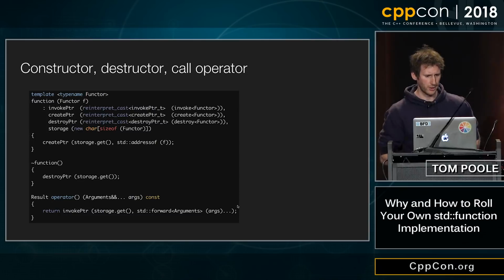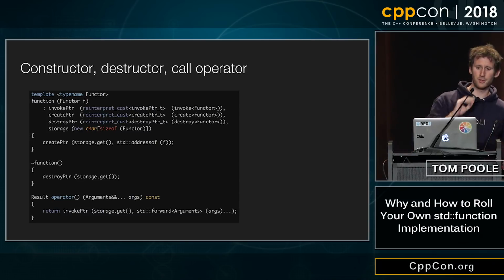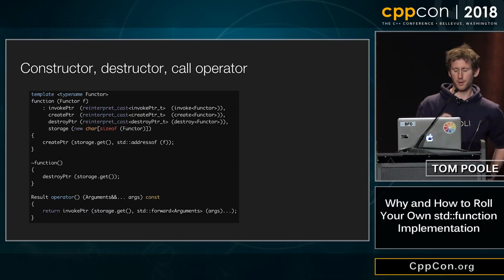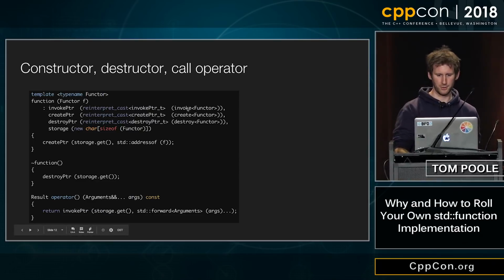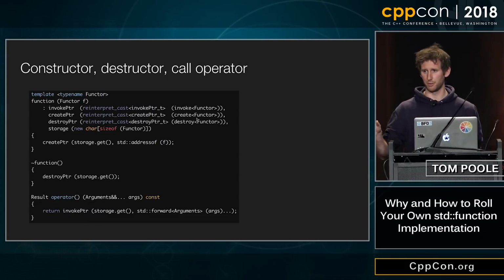So the constructor is where all the action happens, because this is the only place in the entire class where we actually know the type of the thing that we are going to wrap. Once we know that, we produce some specializations of each of those type-aware functions. When the compiler sees this, it's going to go and stamp that out somewhere. We've got a pointer to it. We simply cast this type-aware pointer down into our type-erased pointers.